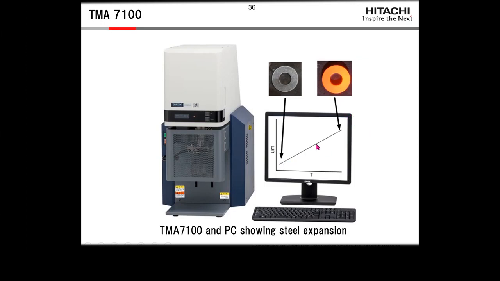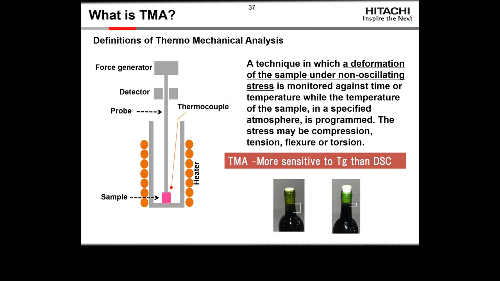And for steel, that gives us a straight line. So what thermomechanical analysis is basically measuring is the size, with a very accurate micrometer, normally an LVDT, as a material heats up.